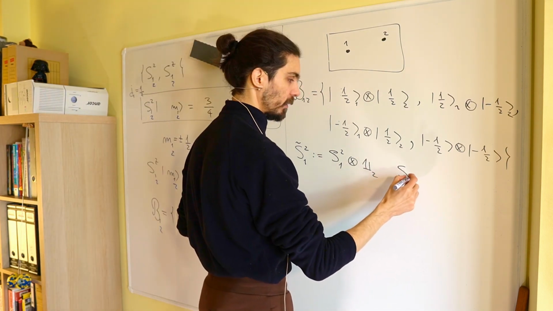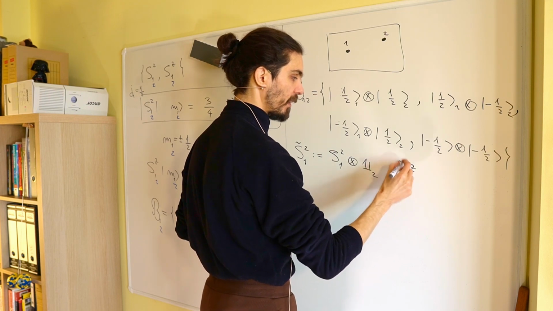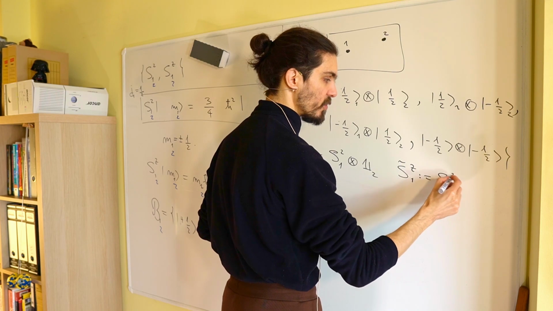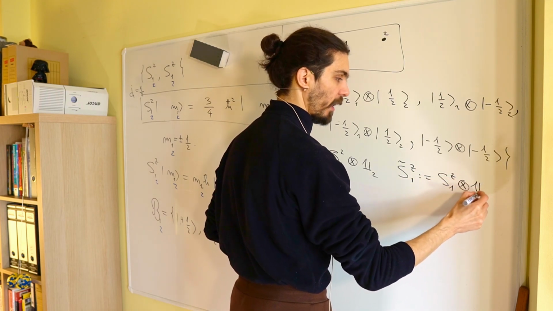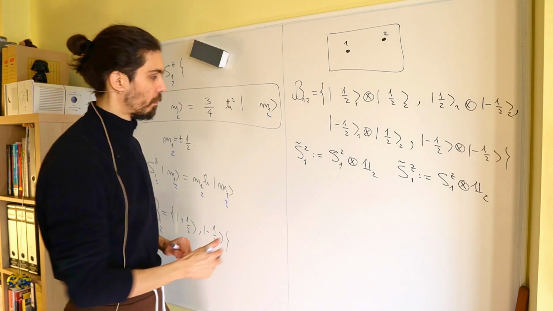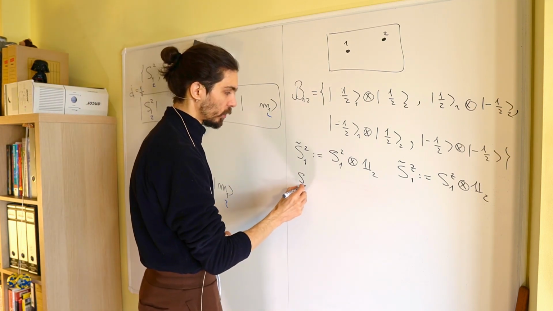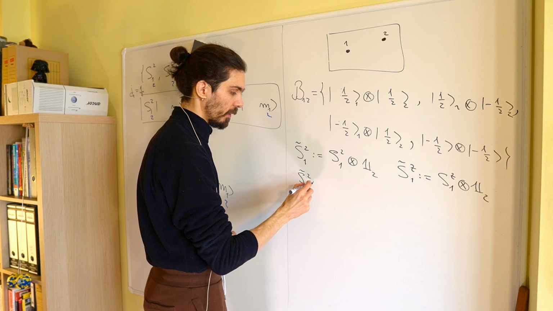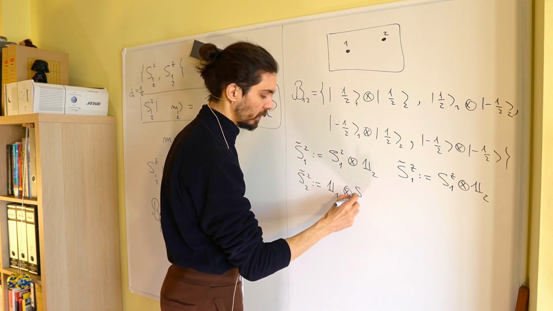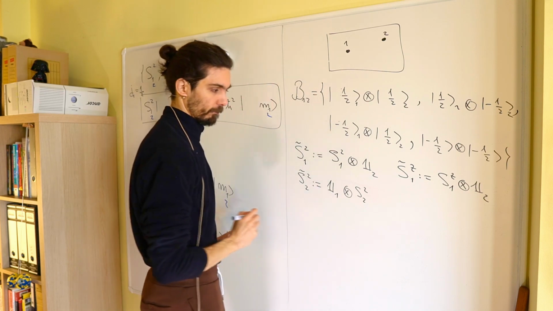The S1z tilde now is going to be defined as S1z tensor with an identity at 2. Moreover, S2 squared tilde is the identity at 1 tensor with S2 squared.